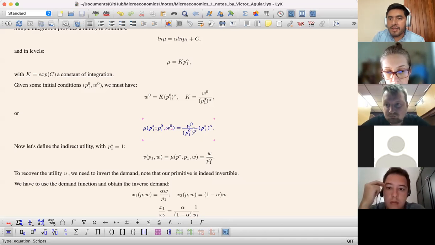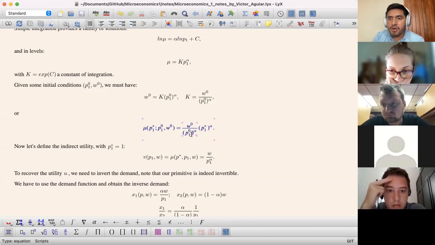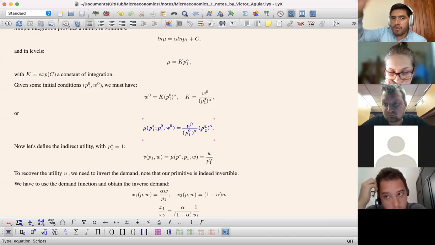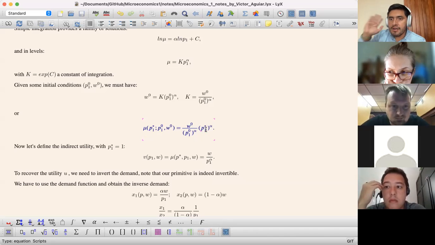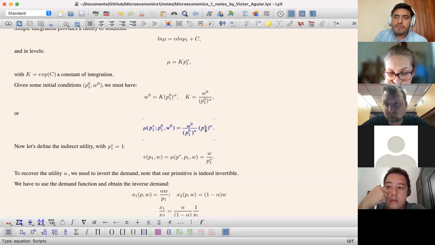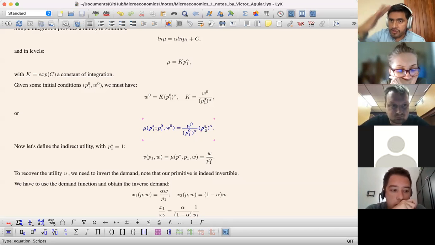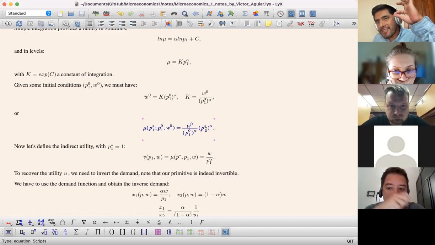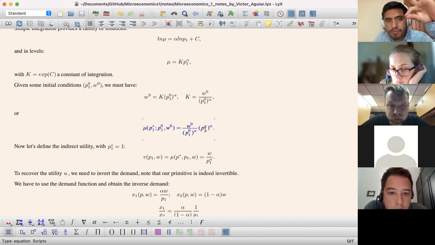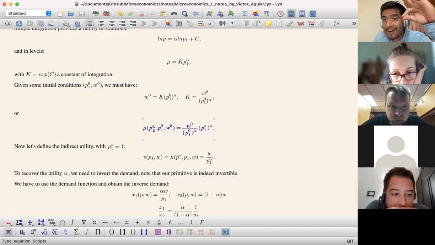I have replaced K by W naught over P1 naught to the alpha, and then P1 is just the variable, so P1 to the alpha. Nothing fancy here. This is just calculus. Now is the conceptual part. Because this object changes with initial conditions, I'm now going to fix the variables. I'm going to fix the first P1, and that's why it has a star on it.